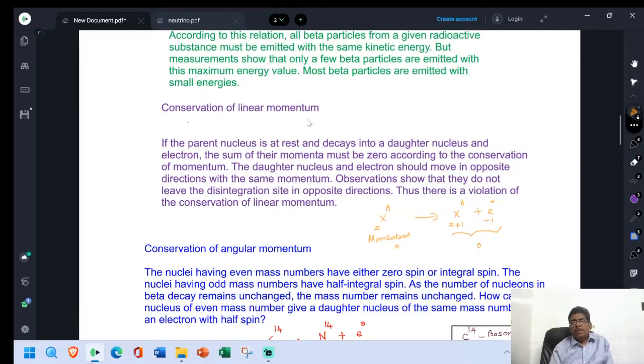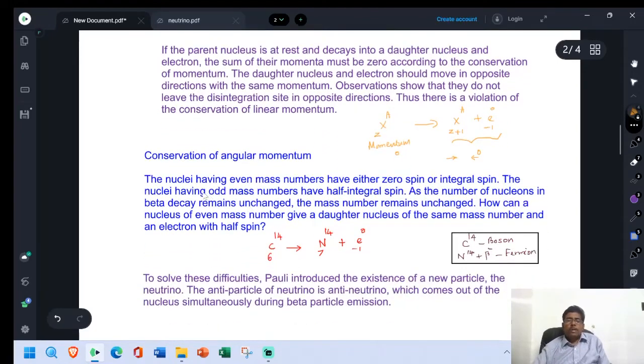That indicates that both the daughter and the electron have the same momentum value but opposite in direction. Only then is the resultant momentum 0. But observations show that they do not leave the disintegration site in opposite directions. Thus, there is a violation of conservation of linear momentum.